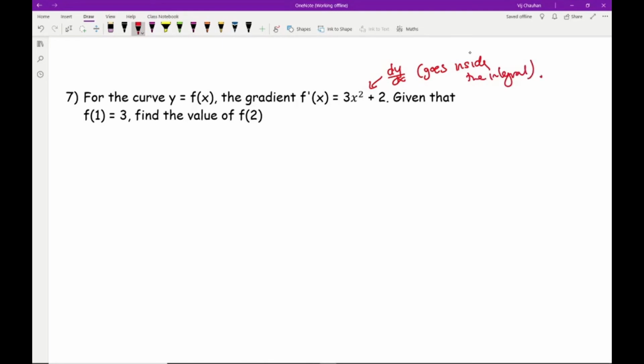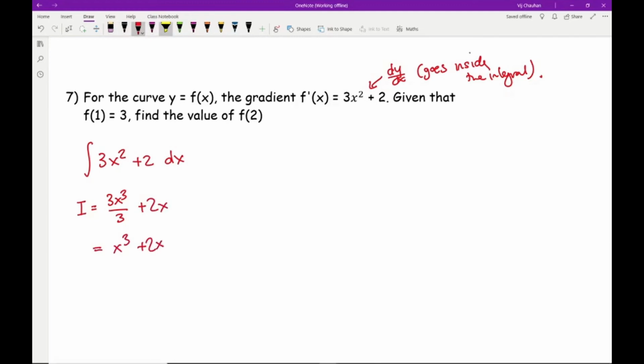So what I've got inside the integral is 3x squared plus 2, dx. Now if I integrate this, I equals 3x cubed over 3 plus 2x. And if I simplify that, I'm going to get x cubed plus 2x.